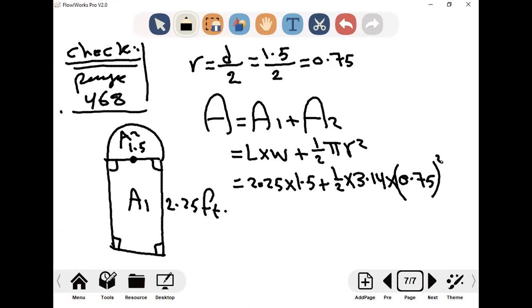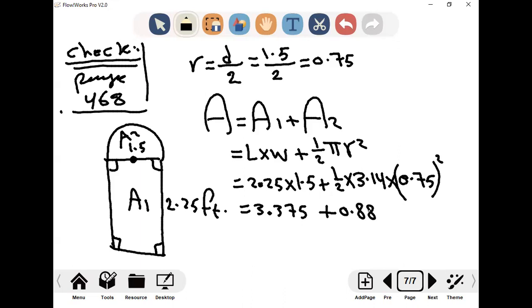Correct? I can use my calculator. 2.25 multiply 1.5, this is for the rectangle. The rectangle will be 3.375, okay? Plus the circle: half times 3.14 times 0.75 power 2, which means I multiply it by itself 2 times. 0.75 multiply 0.75, it will be 0.88.